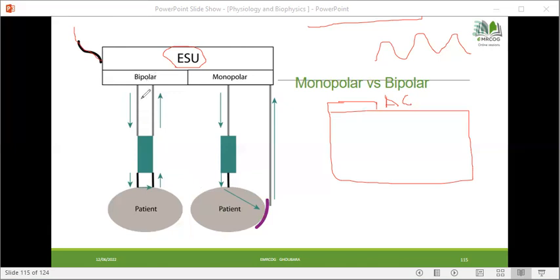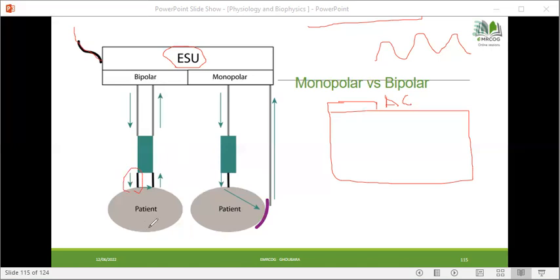The electricity will move in the cable, get out to one end, move to the other probe, then move back to the electrosurgical unit. This is bipolar diathermy.